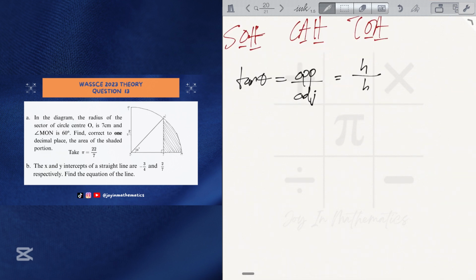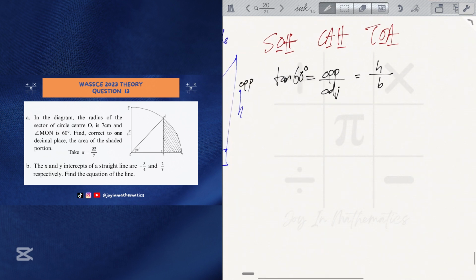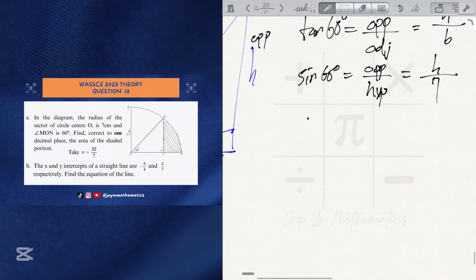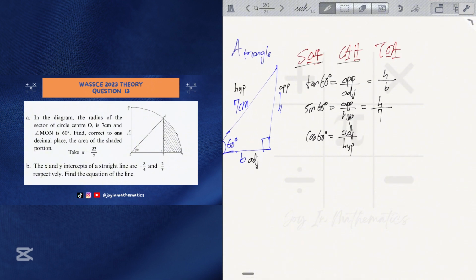In the same vein, sine 60 degrees is opposite over hypotenuse. The opposite is h and the hypotenuse is 7. Finally, cos 60 degrees is equal to adjacent divided by hypotenuse. The adjacent is b and the hypotenuse is 7.